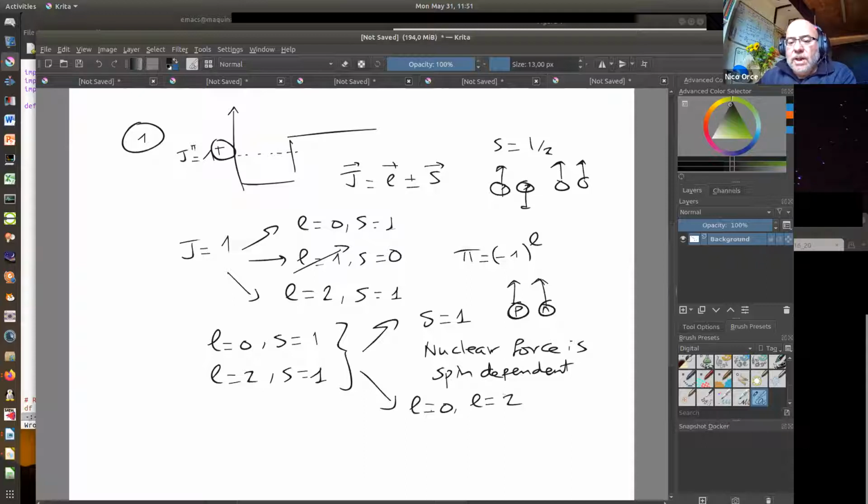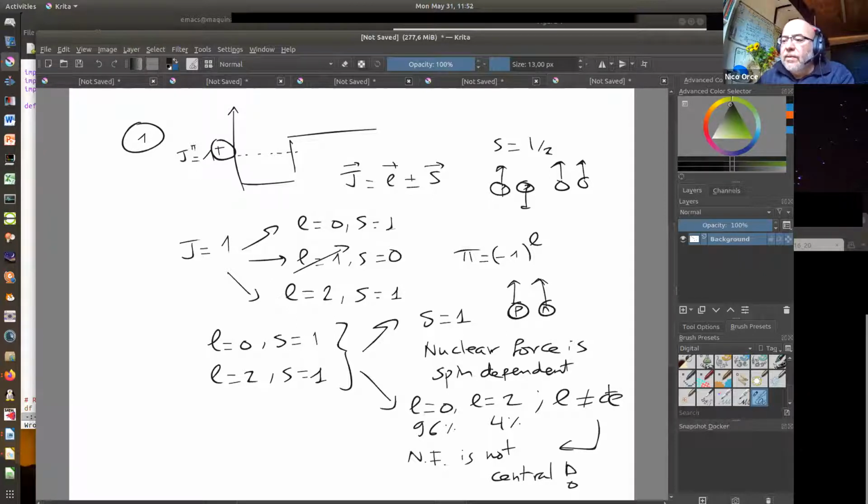As we mentioned, this was about 96%, and this was 4%. Some of you explain why there is 96% and 4%, which I appreciate. But basically, L is not a constant, which implies that the nuclear force is not central, right? So this is a very important point and describes the micro world is not a constant, but there's always a probability for something to happen.